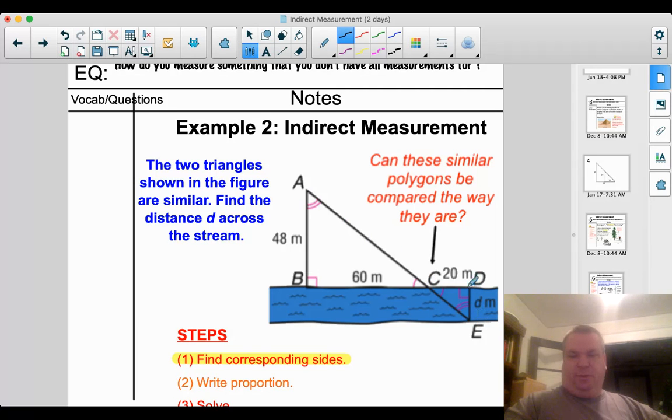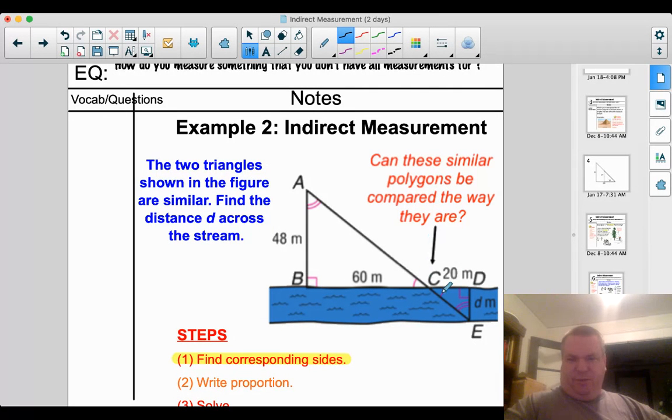Measure where it's going to hit, and this is 20 feet further over to hit where it's going to go across the river. So we can set up two proportional triangles like this, and we could use this to solve for the distance across the river. So think about what matches up with what.